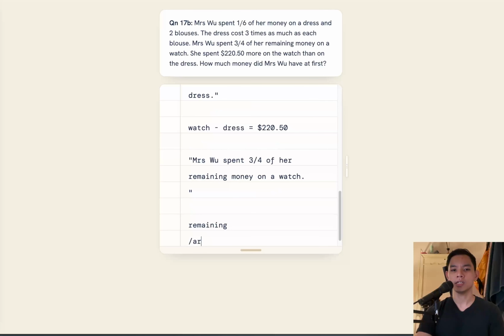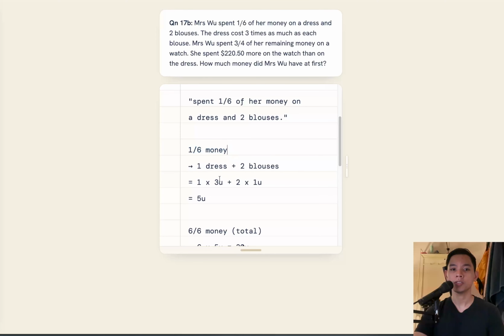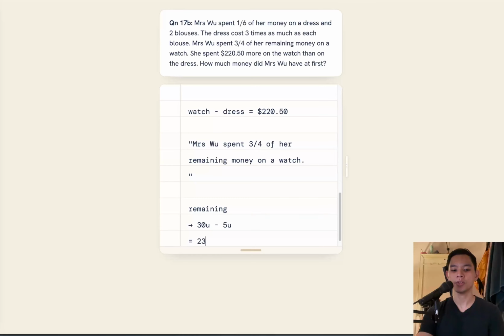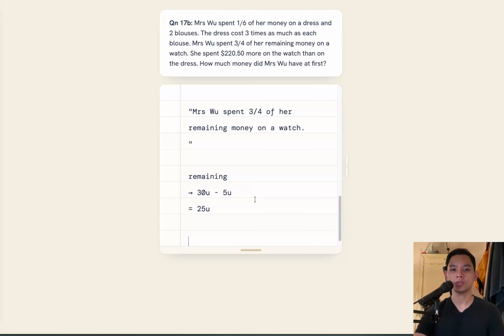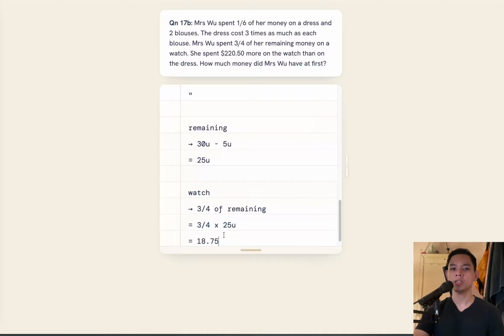So remaining, it's basically 30 units, which is the total that we have, minus how much do we spend? 1/6 of money, which is 5 units, okay? And this will then be 25 units. Then the watch is equal to 3/4 of remaining, which means 3/4 times 25 units.